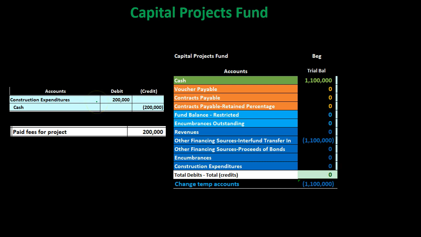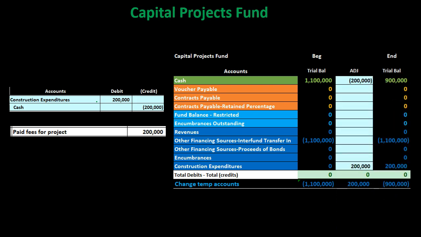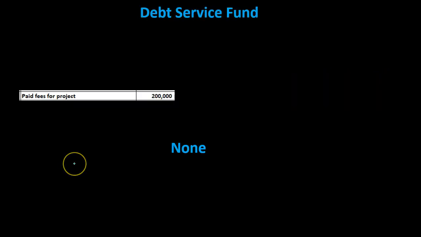Construction expenditure. That should look funny because we're building like a bridge, which you think would be like an asset type of account. But we're recording the flow, the activity that's happening in the capital project fund. Therefore, we're recording it in those temporary accounts. Therefore, we're going to debit the construction expenditure, that going up in the debit direction. Other side going to cash. Cash then going down, and that'll put us, of course, back in balance.